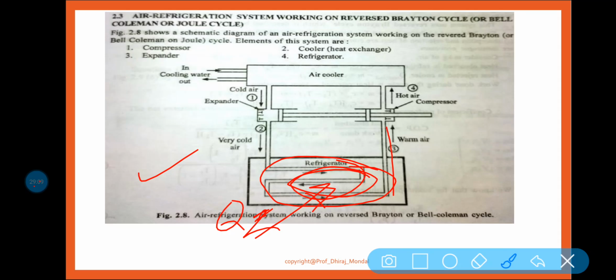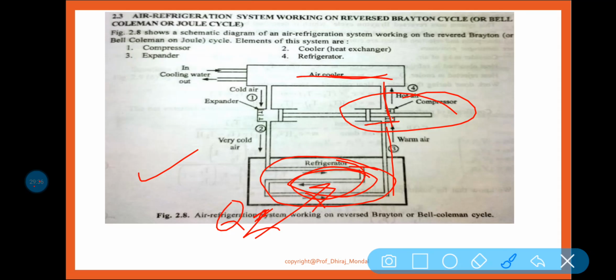Now it is coming to the outlet of the evaporator. You can see this is your refrigerator. Now at the outlet you can see low temperature, low pressure vapor, like this. That means here it is in gaseous form, and this is compressed here, and hot air is coming here.